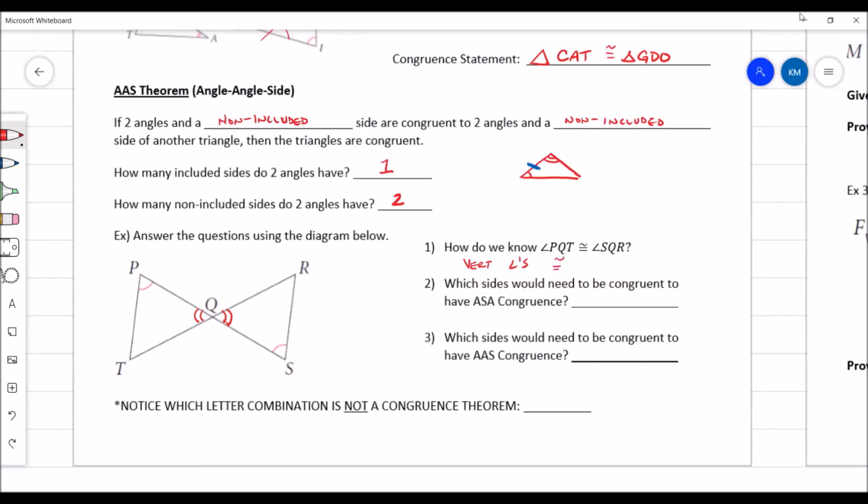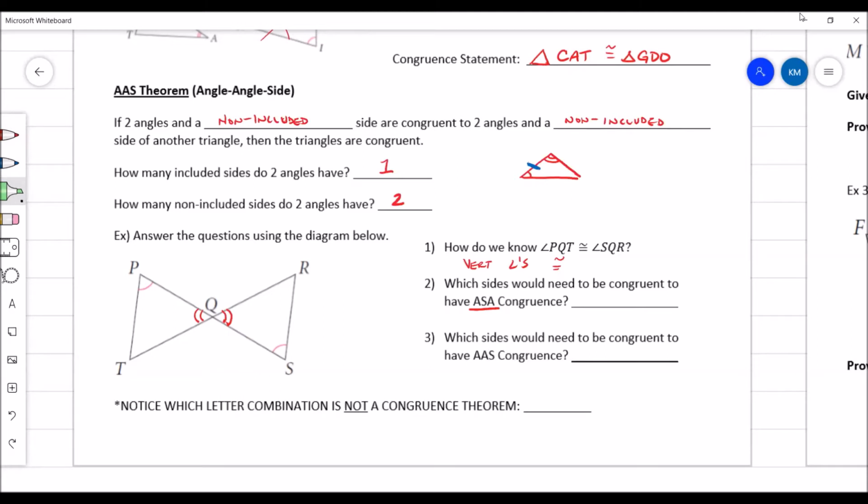That's how I know. So with that, it says which sides would need to be congruent to have angle, side, angle congruency. Okay, so important that they're asking us about angle, side, angle congruency. That side here is the included side, kind of a hint in the name that it's between the two angles. Because in the triangle, it'll be between the two angles. So which sides would need to be congruent to have angle, side, angle?